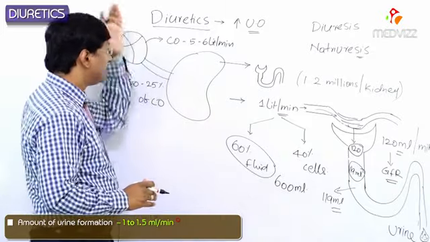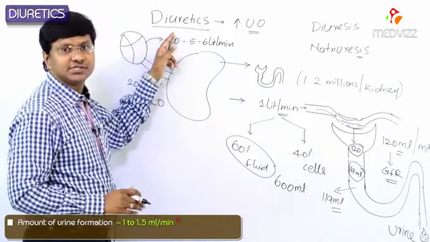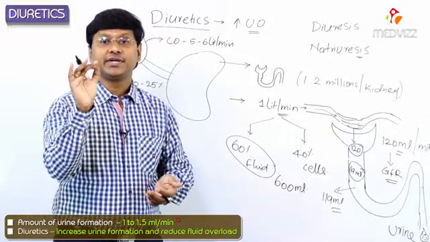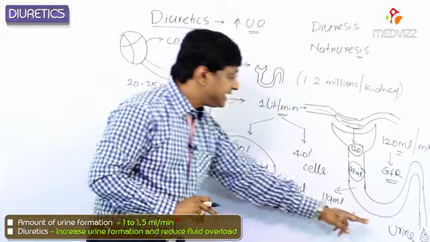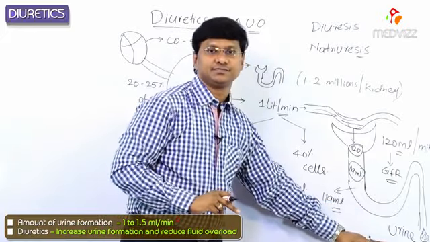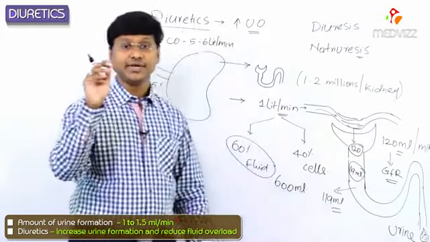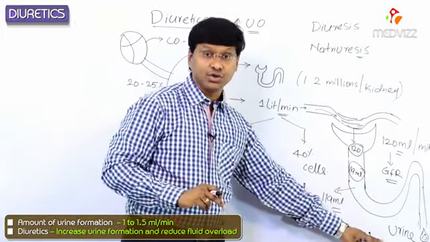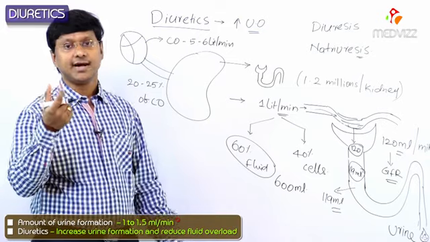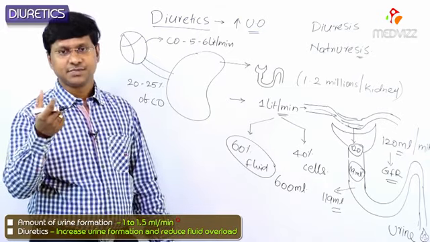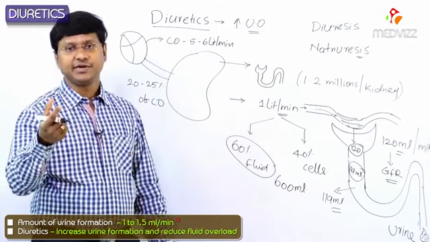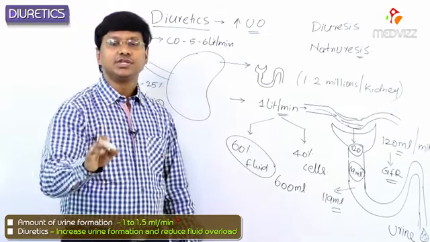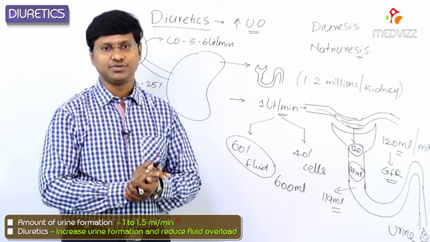Now you see here, whenever you give diuretics, what will these diuretics try to do? Diuretics will try to increase the urine formation. So diuretics are those chemical substances which will increase the urine formation, and thereby they will reduce the fluid overload in the individual.